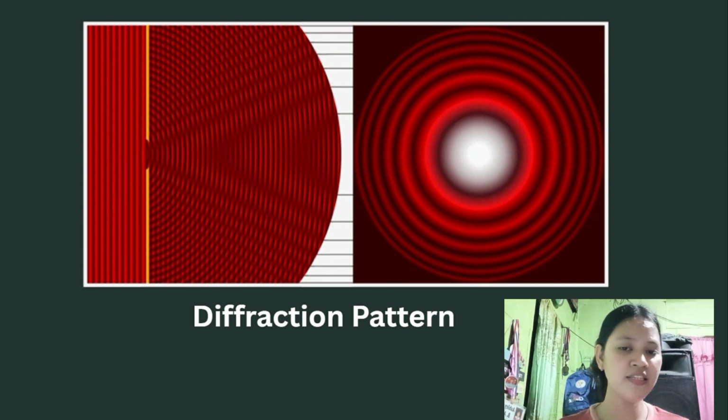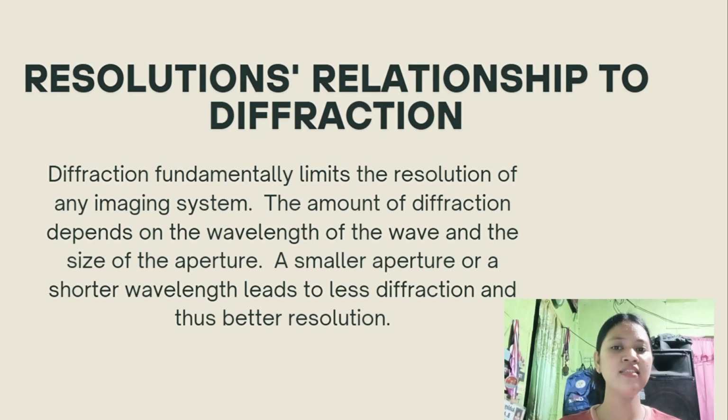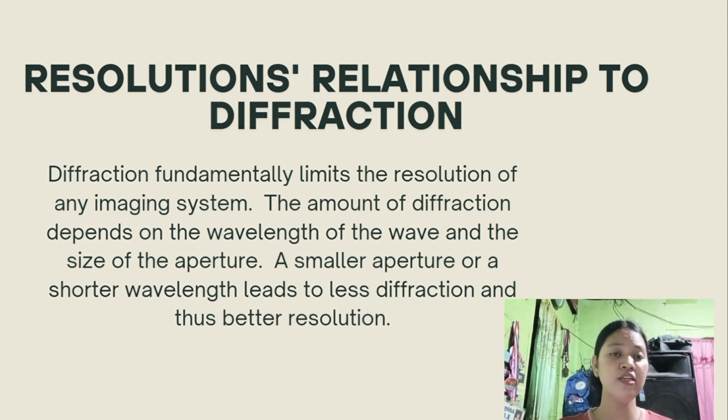Now, let's learn and understand resolution in its relationship to diffraction. Diffraction fundamentally limits the resolution of any imaging system. The amount of diffraction depends on the wavelength of the wave and the size of the aperture. A larger aperture or a shorter wavelength leads to less diffraction and thus better resolution.